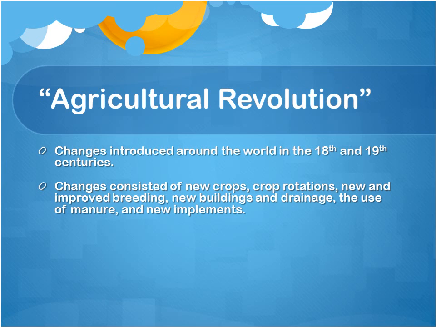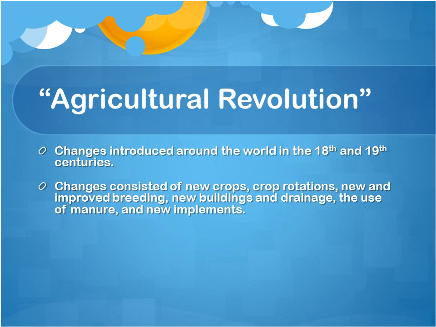The changes that were introduced were anything from new crops to rotation of crops, so you could use the same piece of land and have several harvests of several crops during the year, so as to keep production going. It was not just a bimodal pattern in which you would grow part of the year and then not the rest of the year.